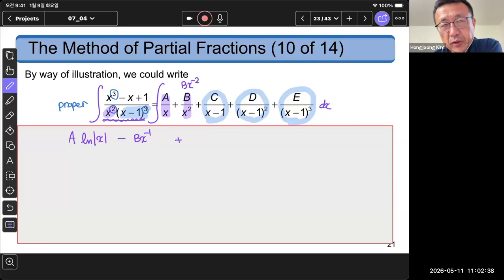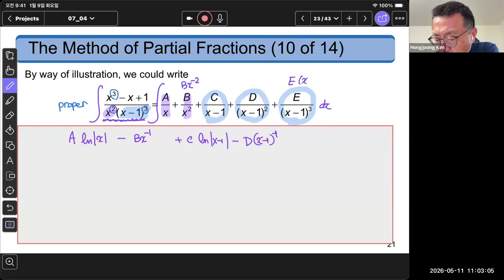And from the third term, C over x minus 1, if you integrate that term, you get C times ln absolute value of x minus 1. And for the next term, similarly, you get negative d times x minus 1 to the negative 1, right?